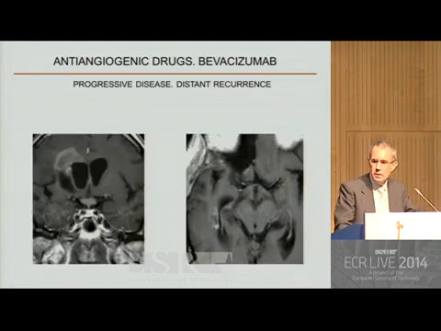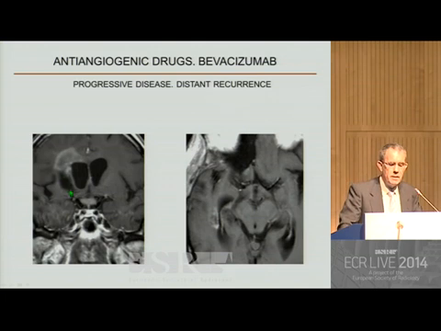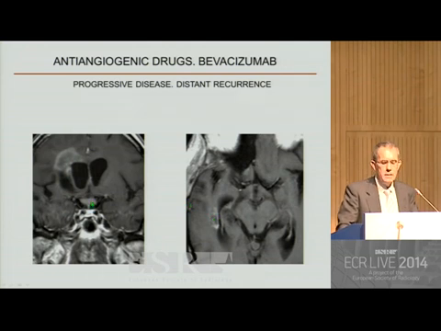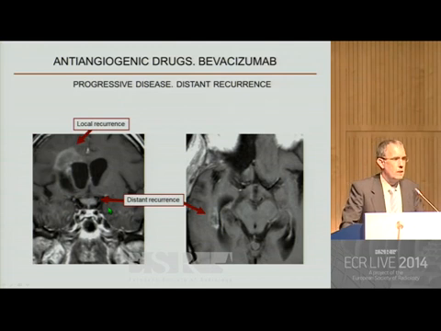One example: this is the post-surgical cavity in this patient treated with bevacizumab. Here is a local recurrence with faintly enhancing contrast, but there is also a distant recurrence here in the optic chiasm and also in the wall of the temporal horn. Distant recurrence is more common than with other drugs.